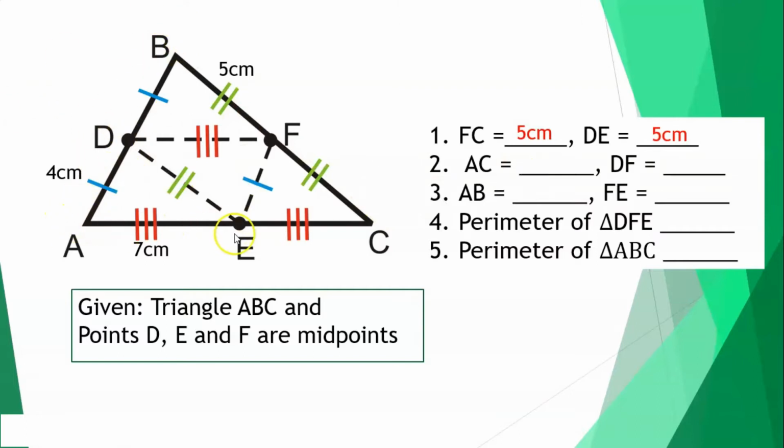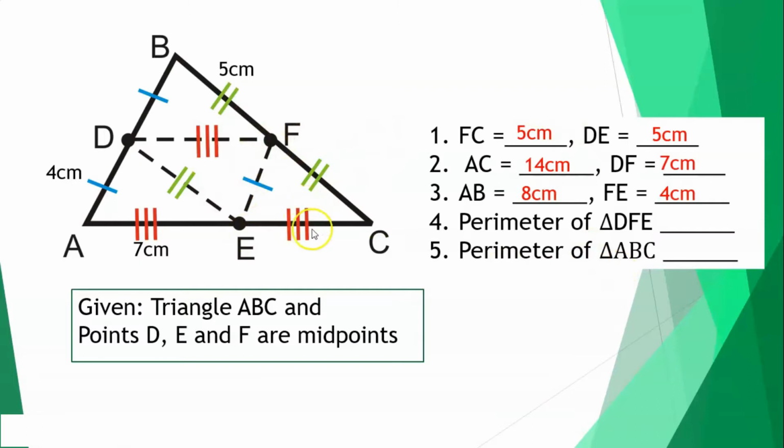Now, if A to E is 7 centimeters, then A to C is 14 centimeters. And DF, which is parallel to AC, is 7 centimeters. Next, if A to D is 4 centimeters, then A to B is 8 centimeters. And F to E is 4 centimeters.